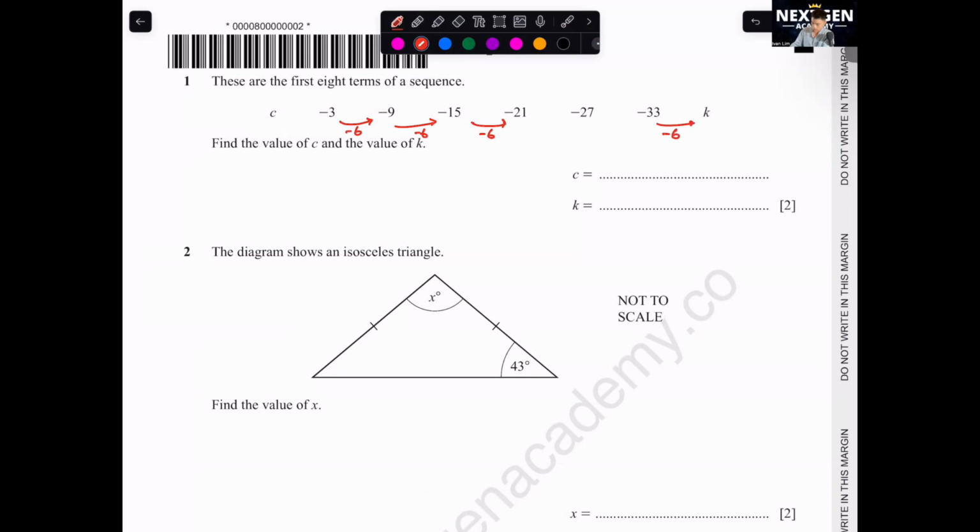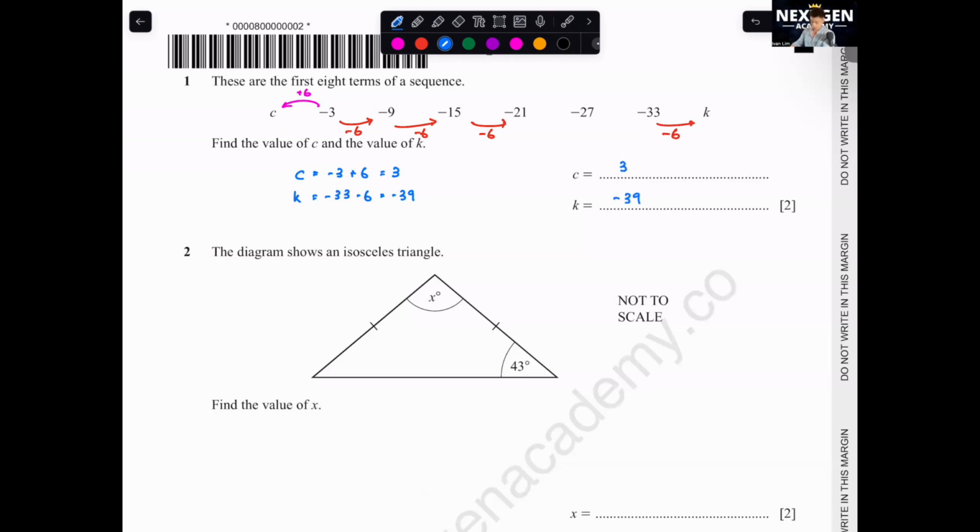So K here will be minus 6. If we go the opposite way, then it will be plus 6. So C is equal to minus 3 plus 6, which is equal to 3. K is equal to minus 33 minus 6, which is equal to minus 39. Easy. And do it without a calculator.